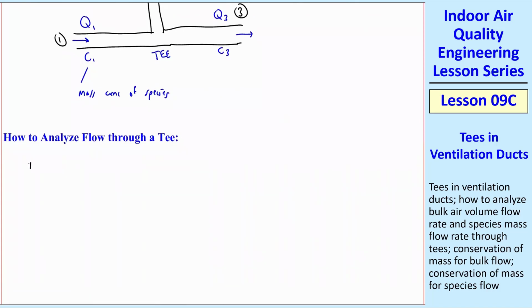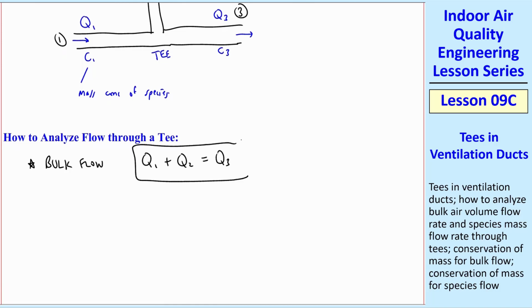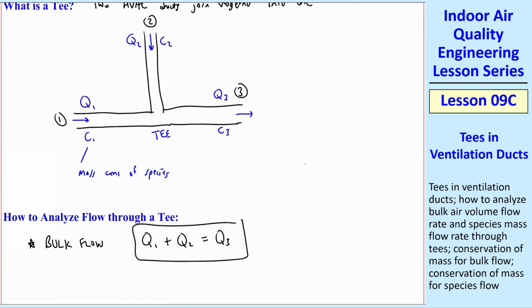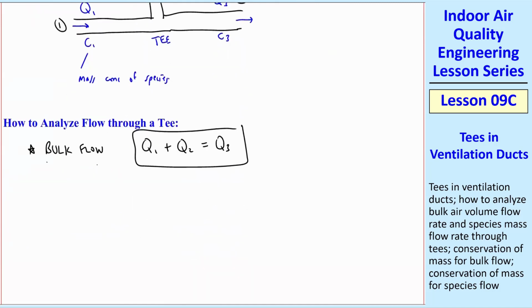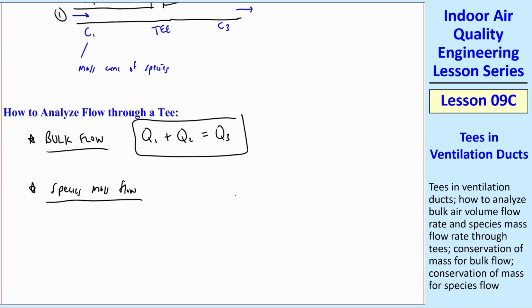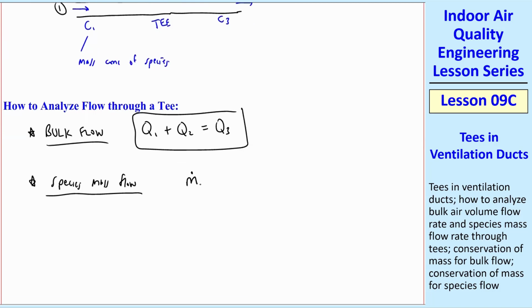It's quite simple. We can do the bulk flow first, and this is simple fluid mechanics. Assuming incompressible flow, Q1 plus Q2 has to equal Q3. The two flows combine into one. And then for the species, this is species mass flow. Remember, we're dropping the j subscript, but the mass flow rate m dot 3 would be m dot 1 plus m dot 2.